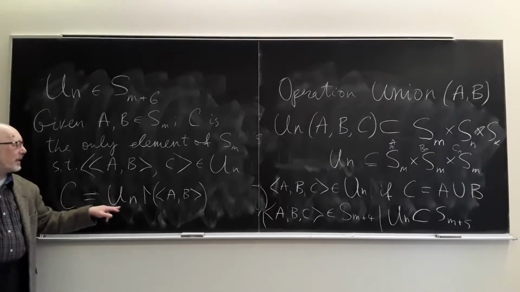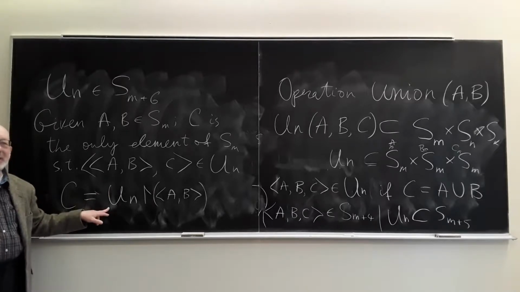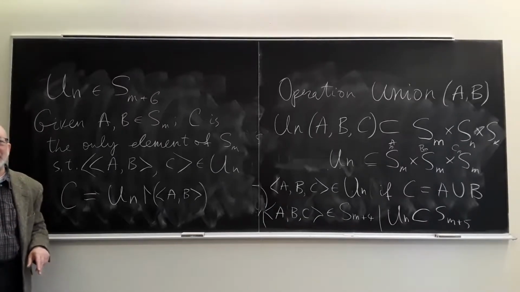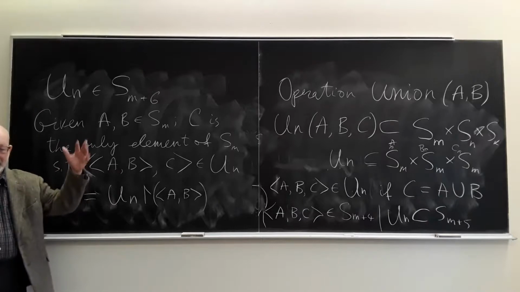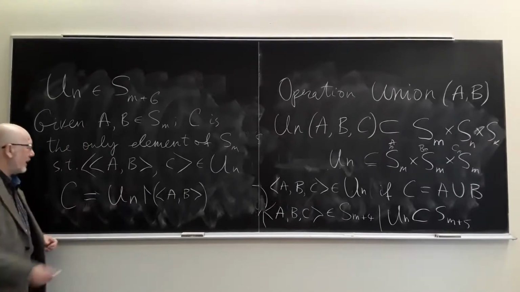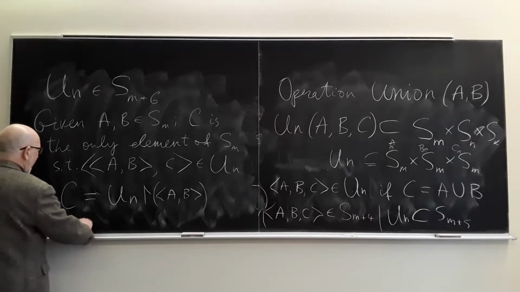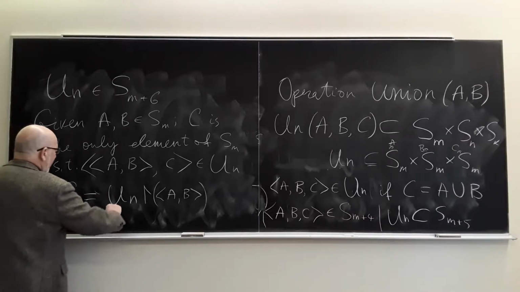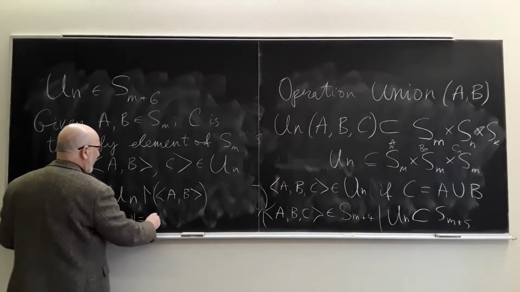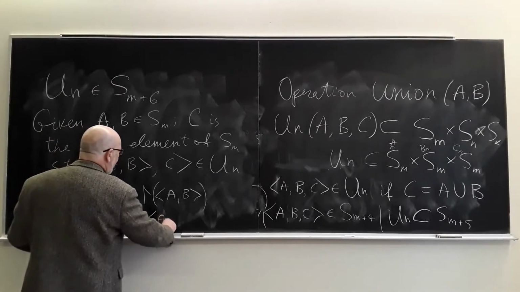Union is some constant element. It's an element living at a higher level, but anyway, it is an element of our universe. So let us put mu equals union, and u equals AB.